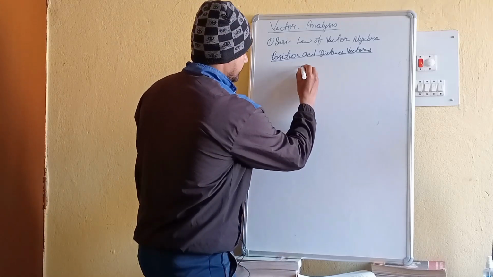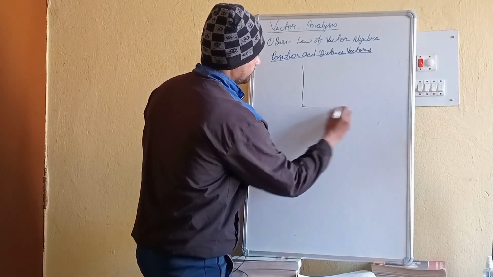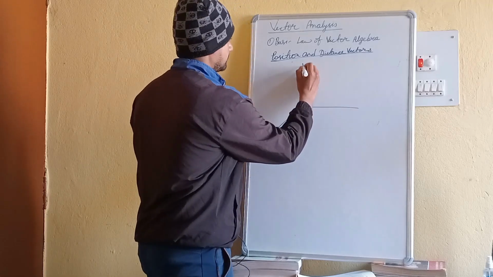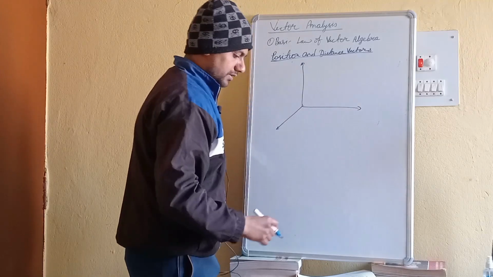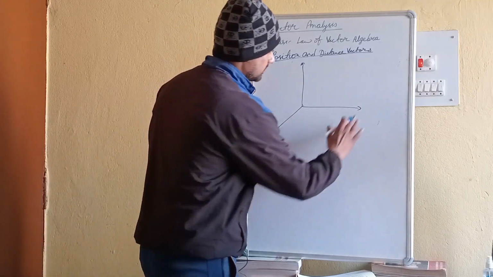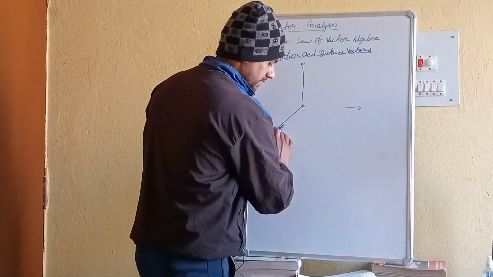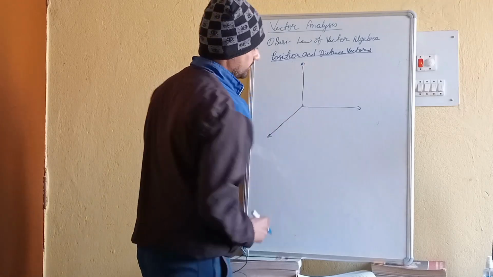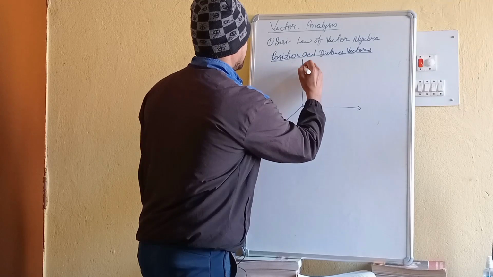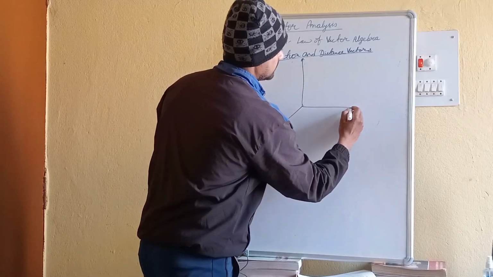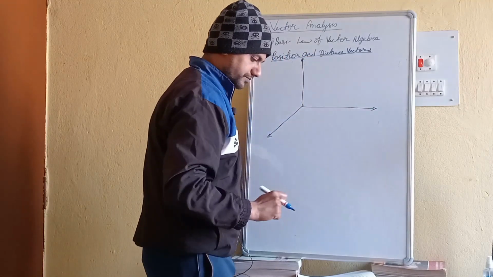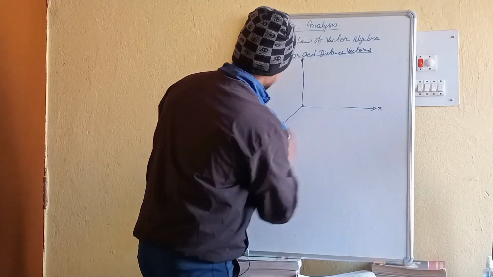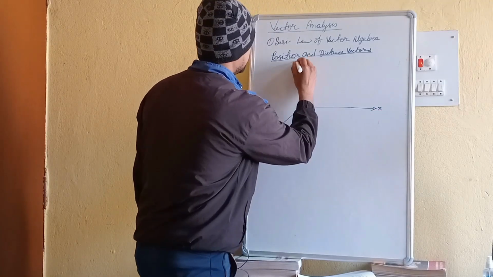So again I'm going to draw the graph. If I make this a little bit bigger, then it will be better. Now you have this, it is x, y, z.